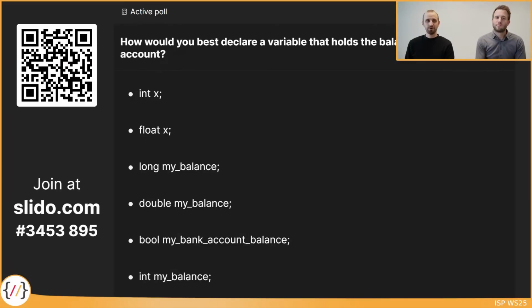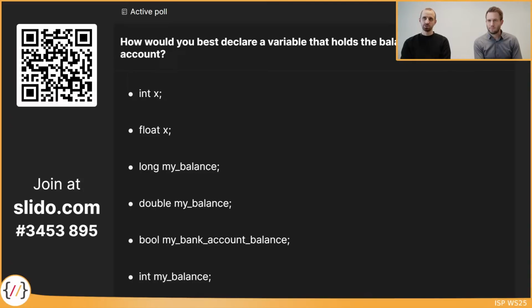Okay, we have our first quiz, and we will have a lot of quizzes in all of the lectures. So what we want you to do now is to scan this QR code or go to slido.com and enter this code. And you should be able to see the question and vote for the thing you think is correct.